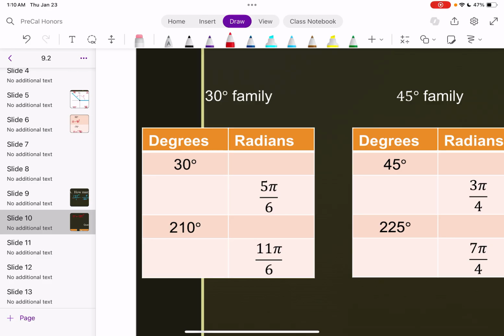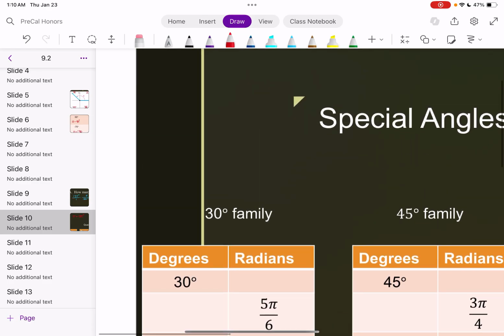As we start working with our 30-degree measurement, what we can always do is go ahead and draw out our graph.